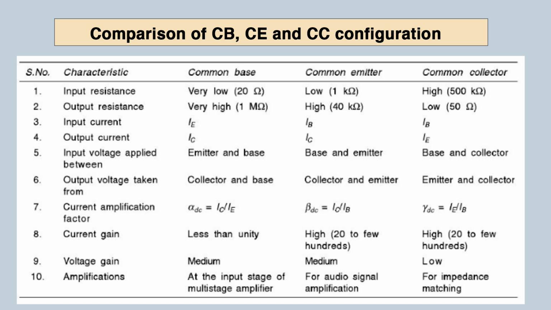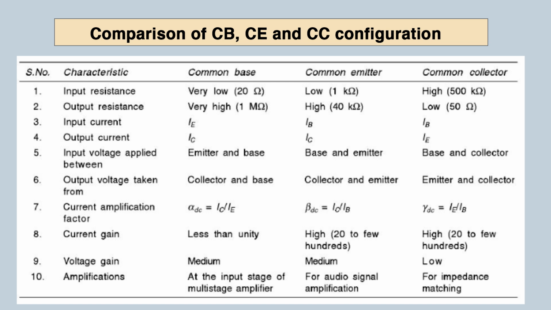Input current: here the input current is IE for common base, for common emitter it is IB, and for common collector again it is IB.